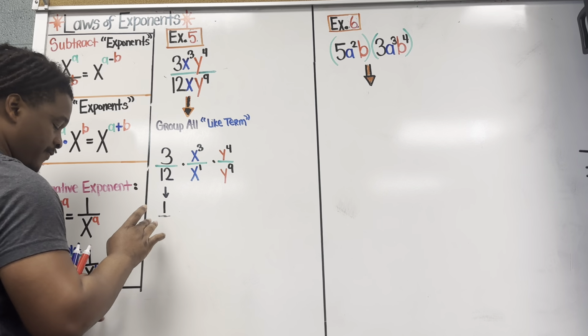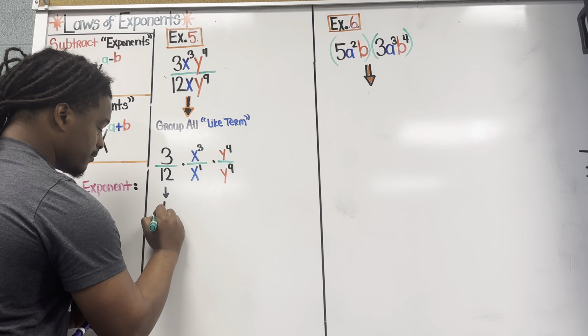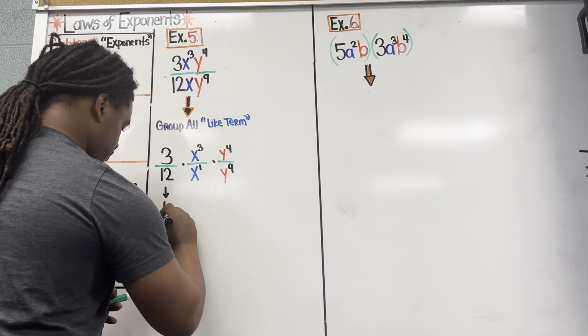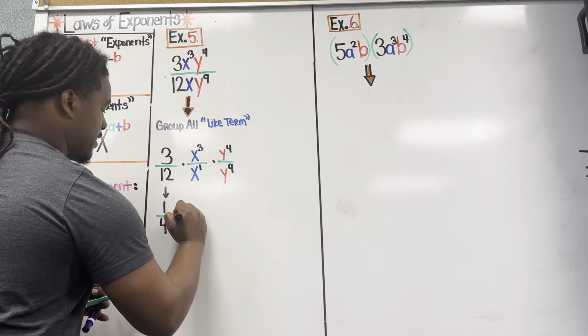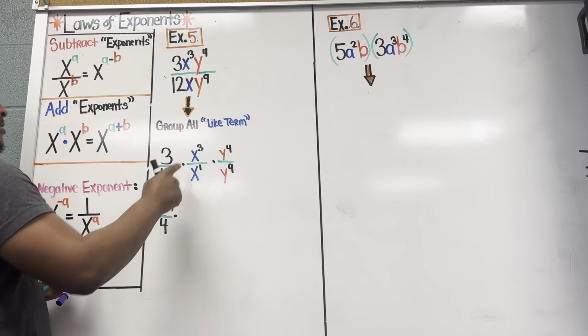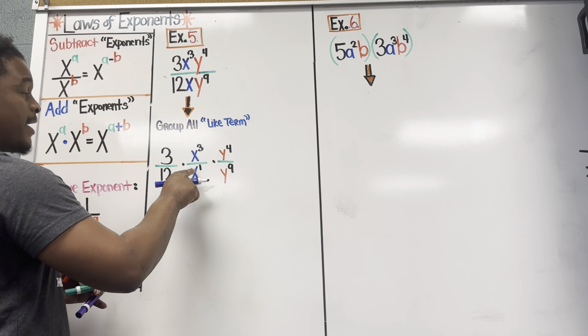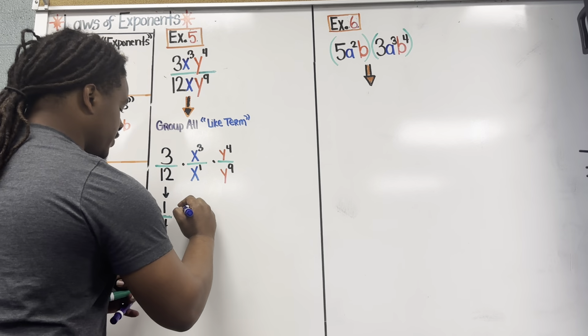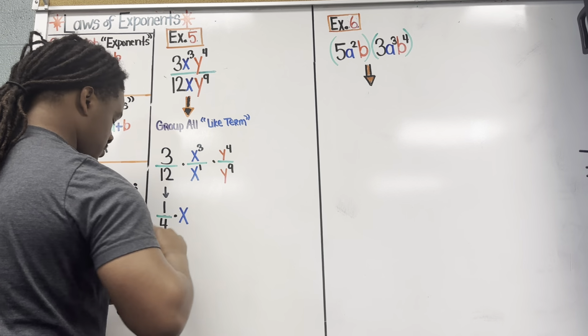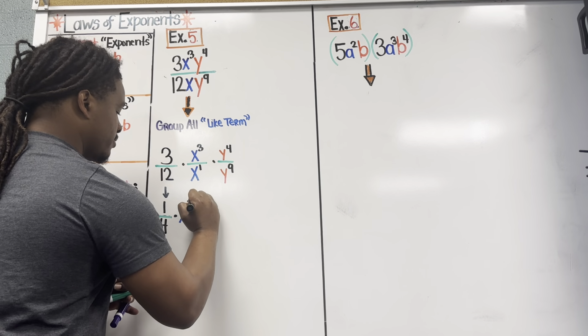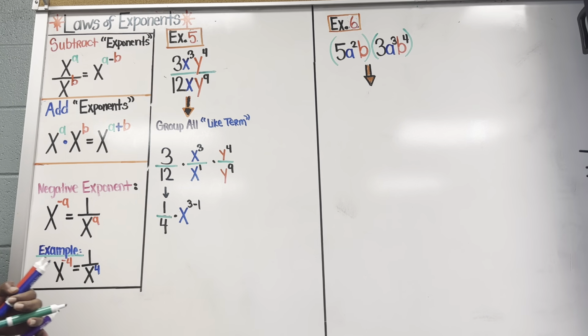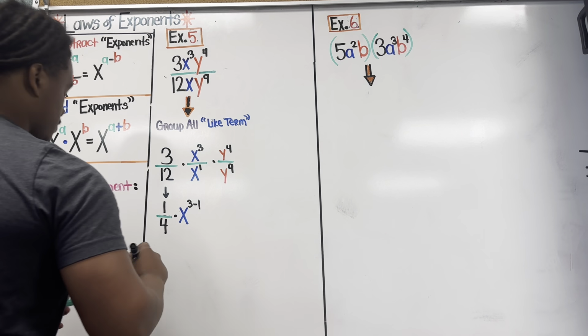Times x: now we have x to the 3rd power divided by x to the 1st power. So that's going to equal x to the 3rd minus the 1st power.